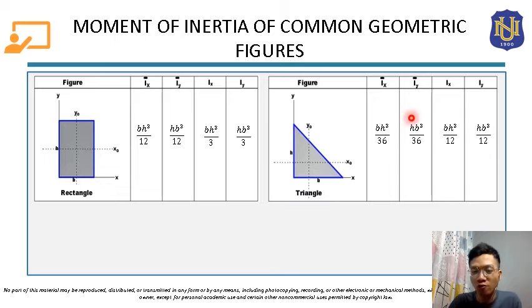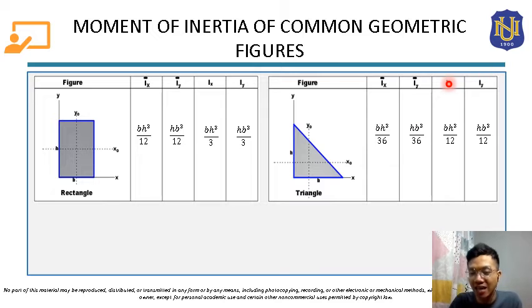And also for I y bar, or the y centroidal moment of inertia, its moment of inertia will be measured from this y centroidal axis. If you measure the moment of inertia about this axis, this will be hb cubed over 36. So the b and h here are also just interchanged.